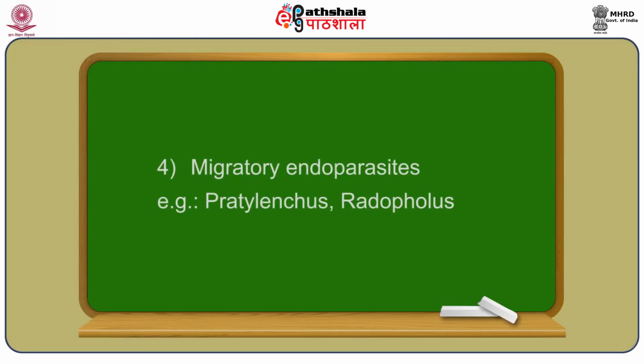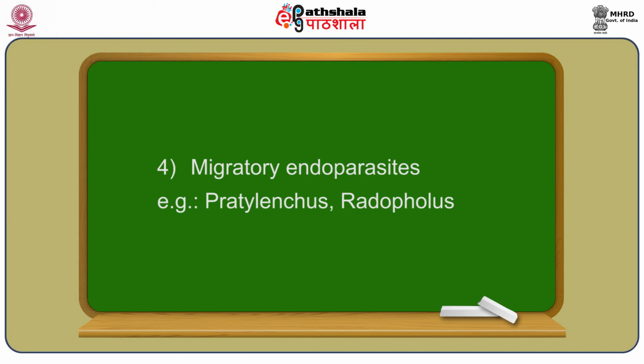Next one is migratory endoparasites. These parasites are found in the subfamily of Pratylenchinae, with Pratylenchus and Radopholus being the most economically important genera.